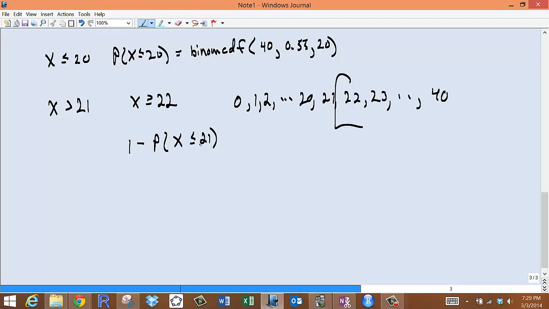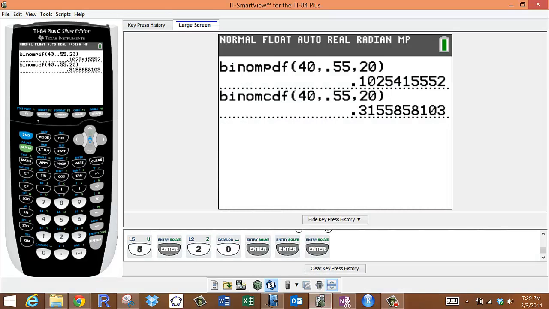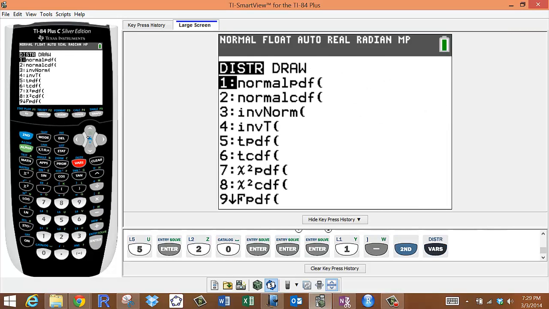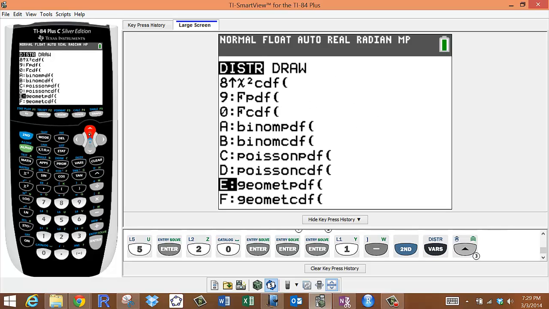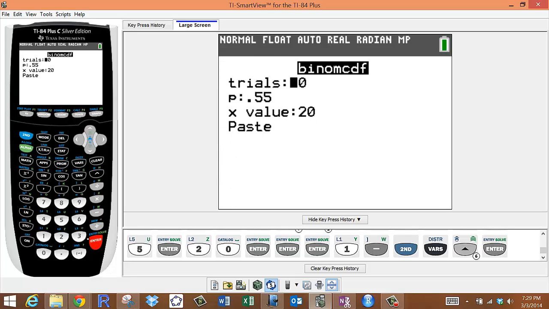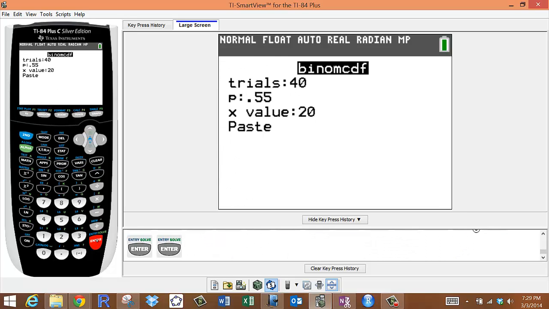Okay, so let's use the CDF. We're going to go from 0 to 21, and we're going to take 1 minus that. So 1 minus CDF and 21. Let's double check that.